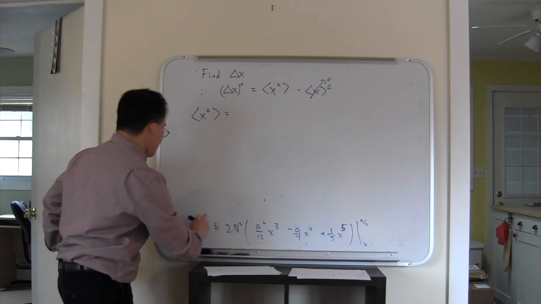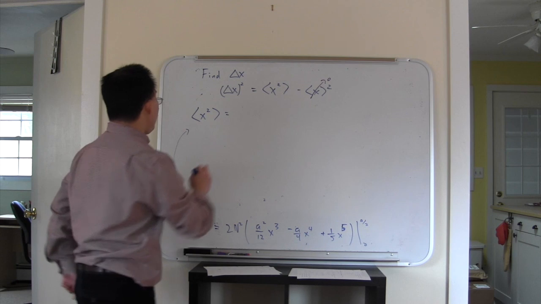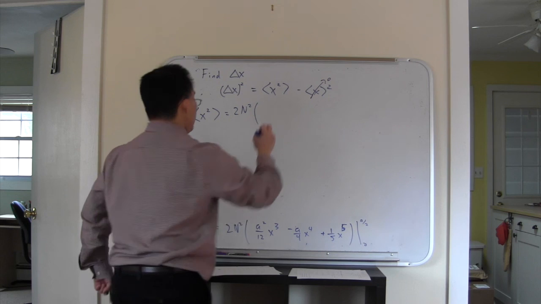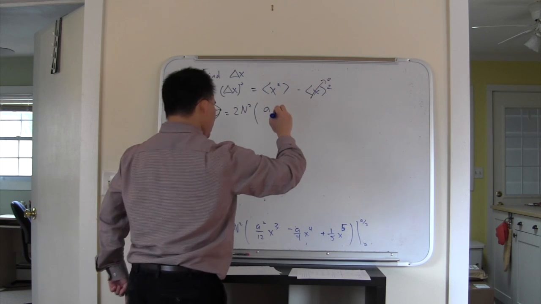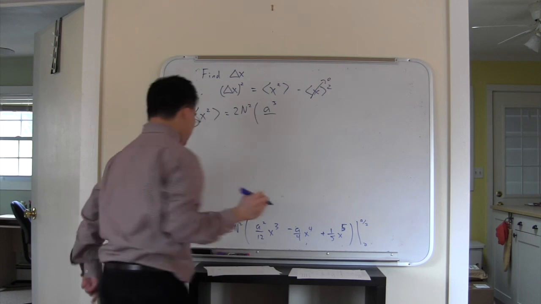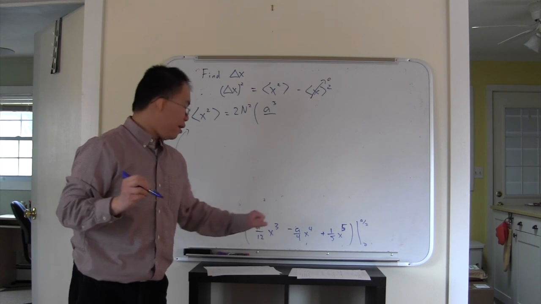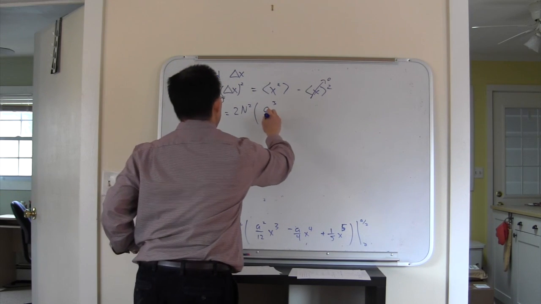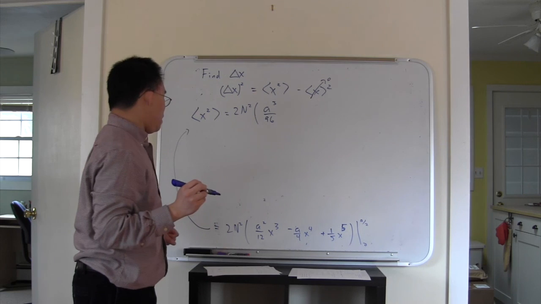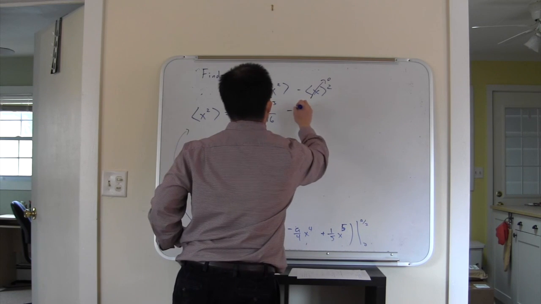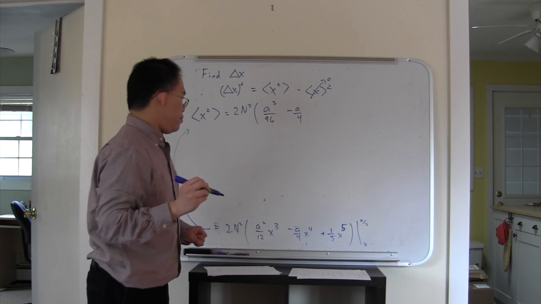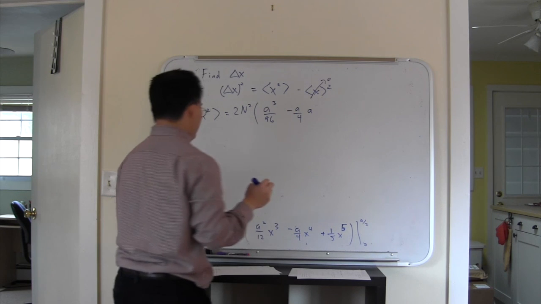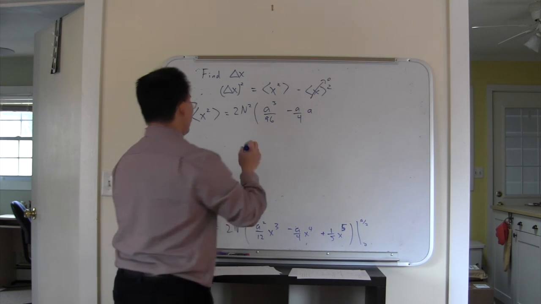So carrying on, we have 2n squared, we have a cubed over 12 times 2 cubed is 8, so 12 times 8 is 96. A cubed over 96 minus a over 4 times a to the, oops, I have an a squared here, that should be a to the 5th.